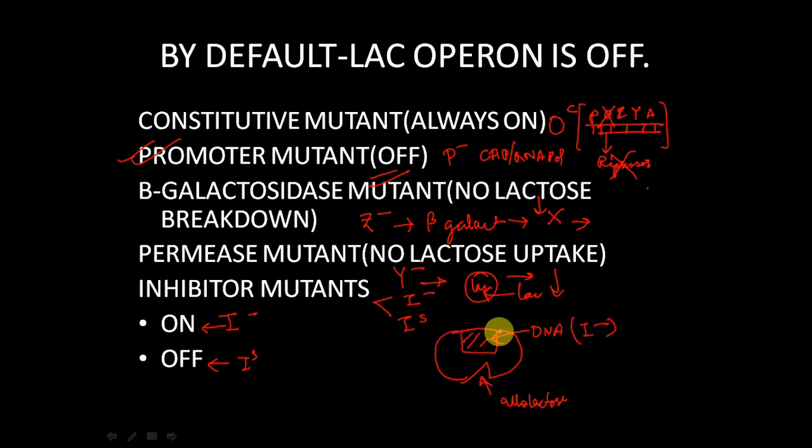That means it will be absent. So if this is absent, this particular repressor cannot go and bind to your transcription unit, and as a result the operon is always switched on. Now when you have the allolactose binding site missing, this will not lead to the conformational change, right? And as a result our Lac operon will always be switched off, right?